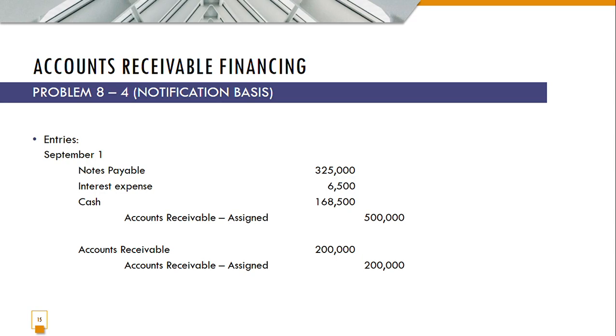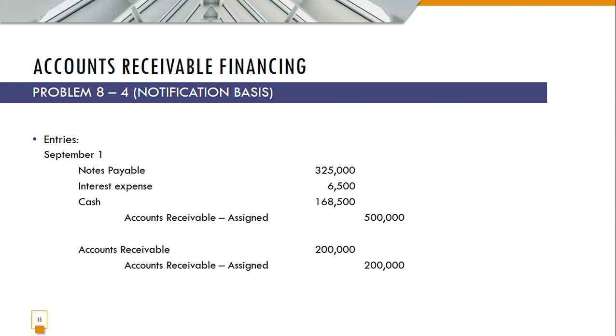On September 1, the bank collected 500,000 of the assigned accounts and remitted the same to you. So interest expense of 6,500 is based on the outstanding notes of 325,000. So 325,000 times 2%, so that is 6,500.